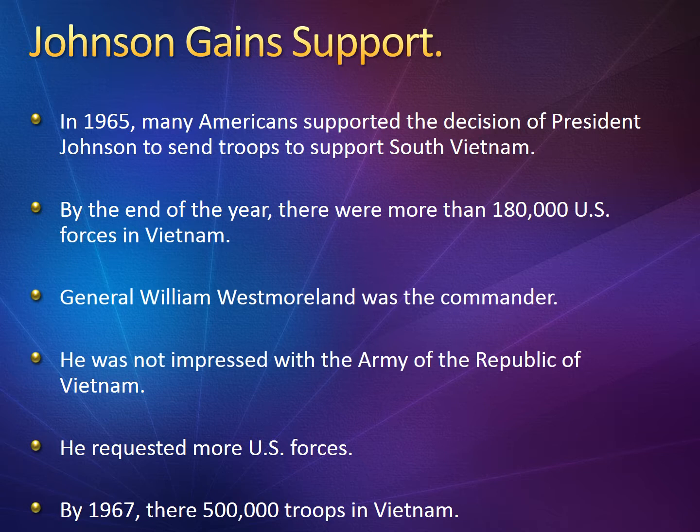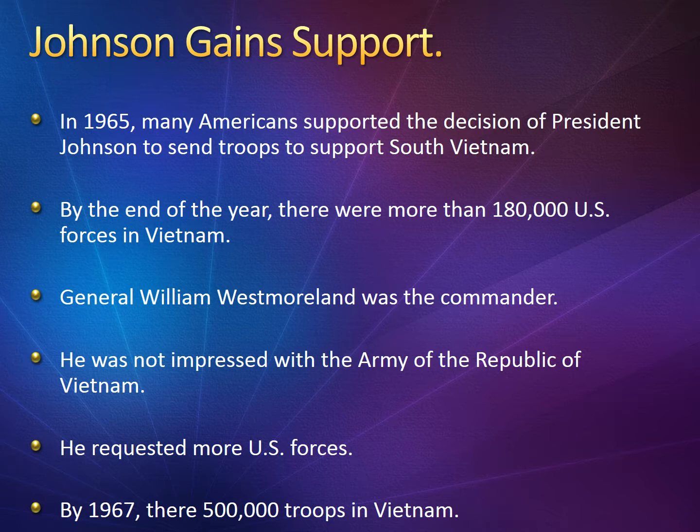Okay, so Johnson gained support. In 1965, many Americans supported the decision of President Johnson to send troops to support South Vietnam. By the end of the year, there were more than 180,000 U.S. forces in Vietnam. General William Westmoreland was the commander of those troops, and he's really not too impressed with the Army of the Republic of Vietnam, or like we said, the South Vietnamese Army.